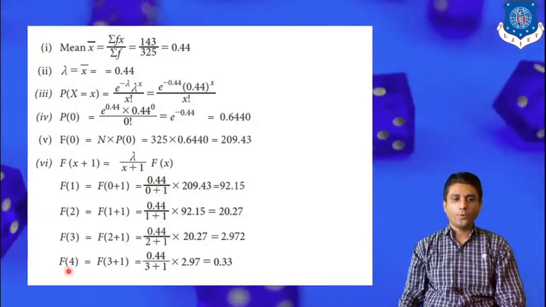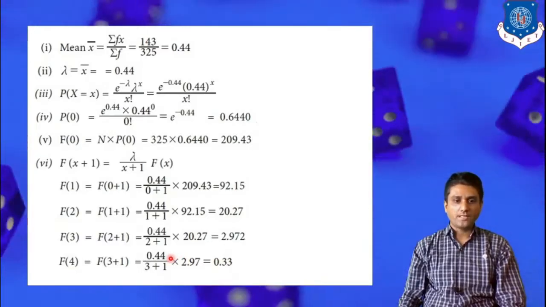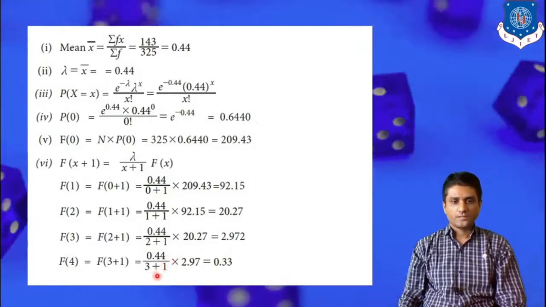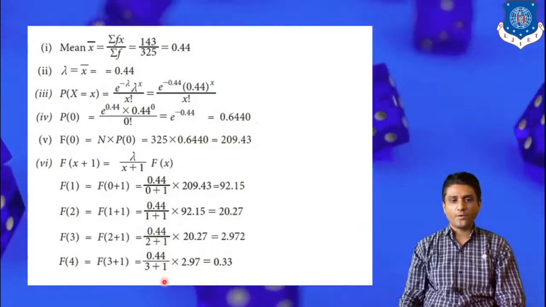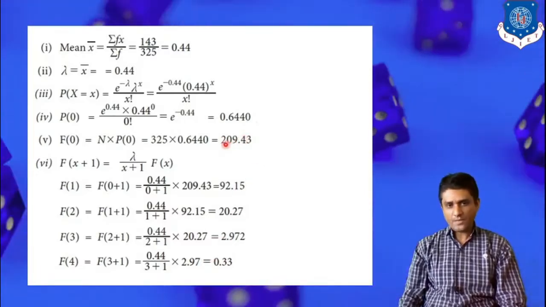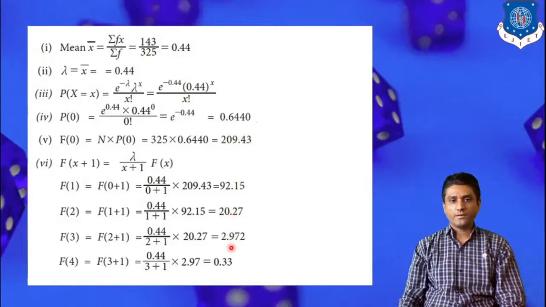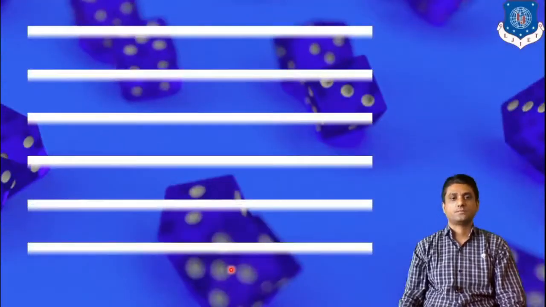Finally, we obtain f of 4 with the help of f of 3: 0.44, that is lambda upon 3 plus 1, divided by 4 into 2.97, so it leads to 0.33. Just remember these values: 209, 92, 20, 2 point something, 0.33.